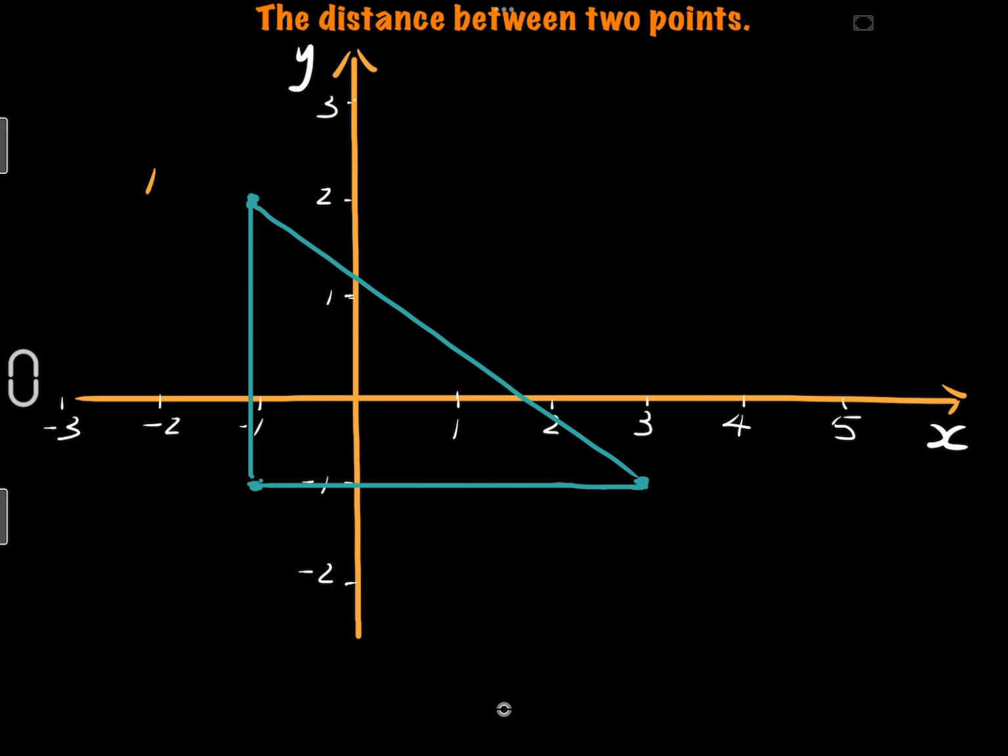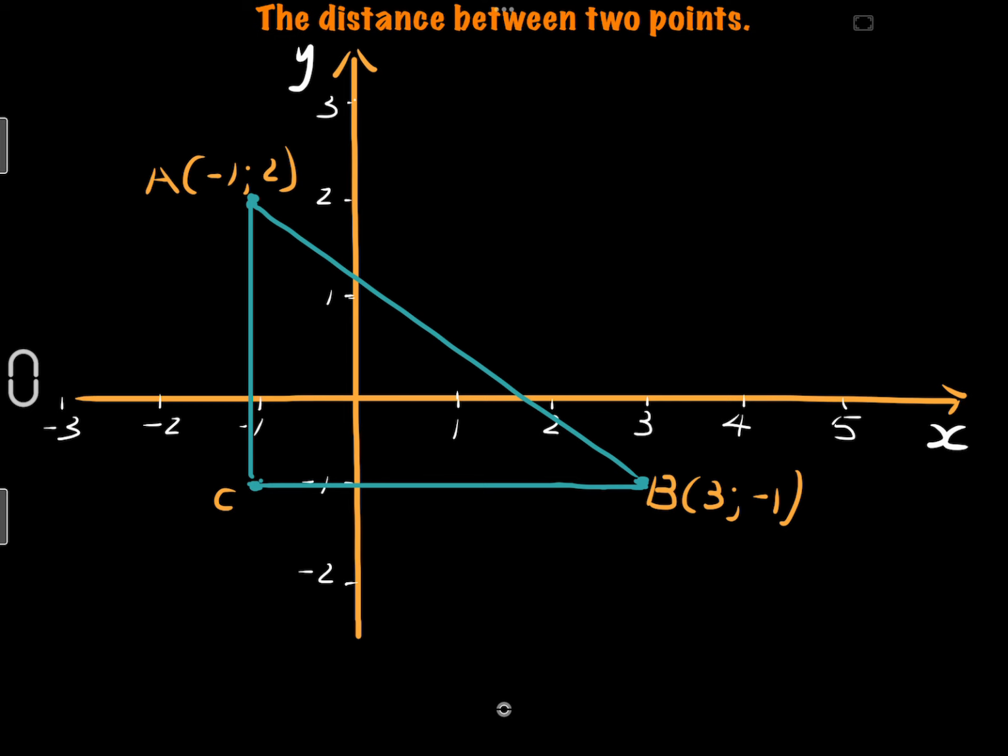So we have a here, and then the points are -1 by 2, and then this is b here. We have 3 by -1, and then we just simply have c.